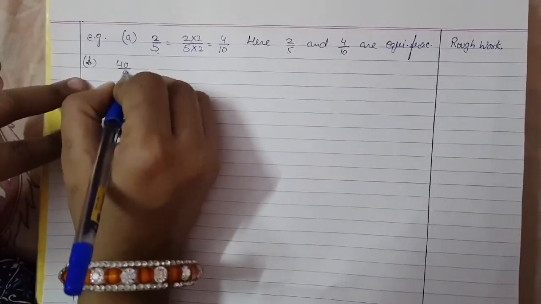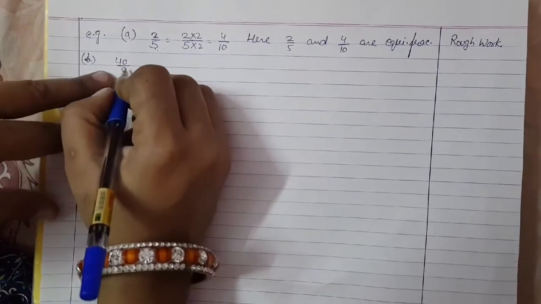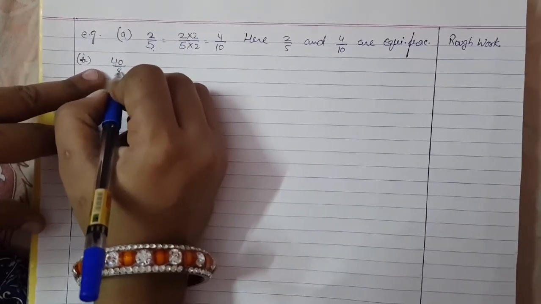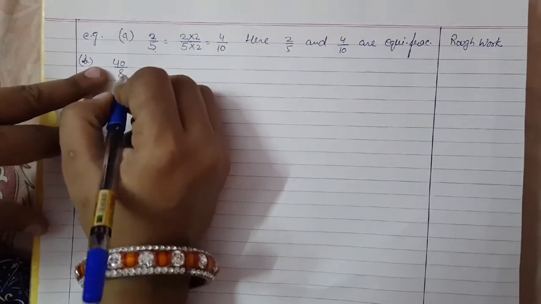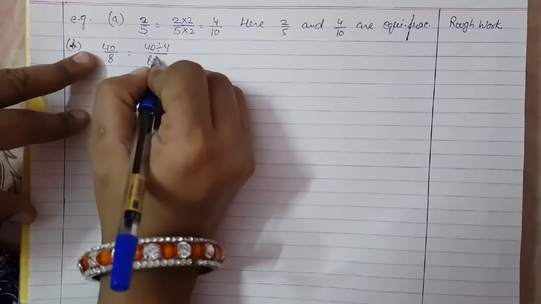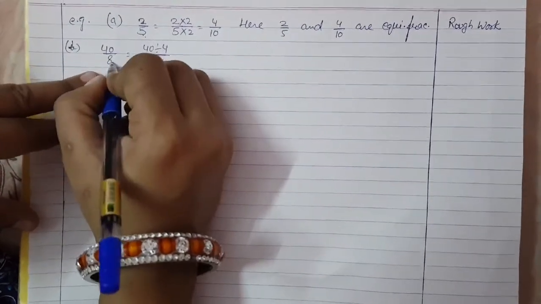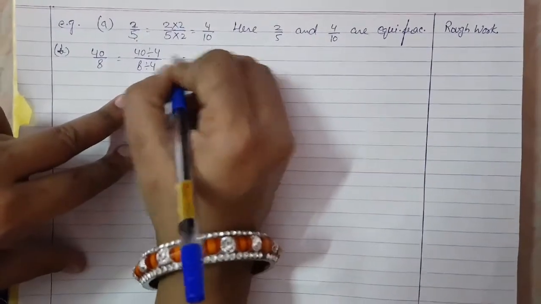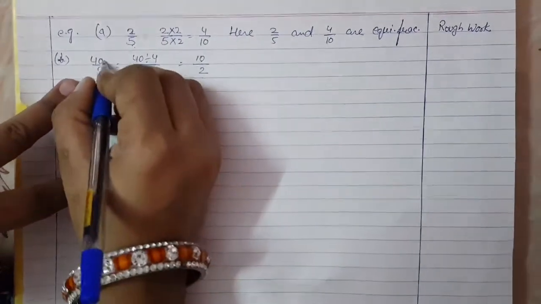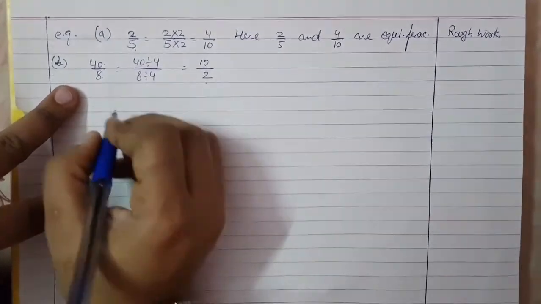Now 40 upon 8. Here we can get its equivalent fractions by division, or by multiplying the same number to the numerator and denominator. 40 upon 4, 8 upon 4. I am dividing numerator and denominator with the same number 4. 40 upon 4 is 10, 8 upon 4 is 2. So 10 upon 2 is the equivalent fraction of 40 upon 8.